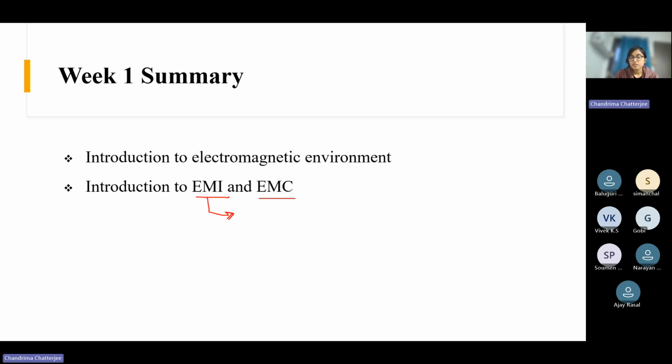What does it mean? So, in very layman language, any kind of interference means you are, suppose, running something and some other signal is interfering with your system, right? That is called interference. Now, nowadays we are surrounded by several types of electronic gadgets, right?